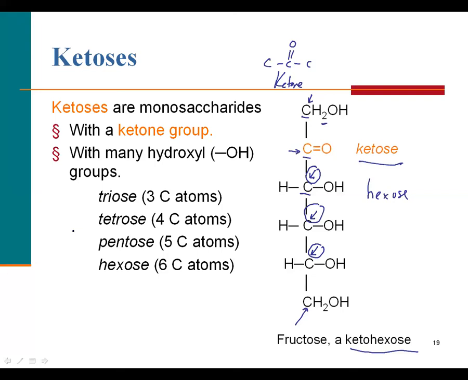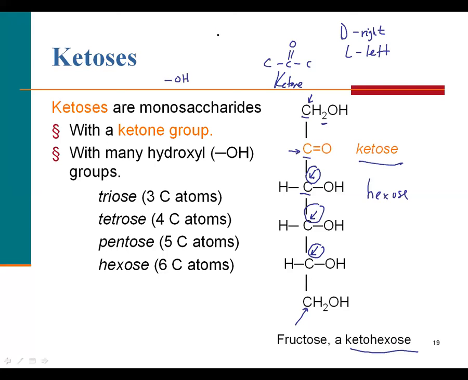So in terms of the D or L, which is what we're going to decide on this one right now, hopefully this will clarify your question there. Again, D means right, L means left, and what we're talking about is the OH group. And we're talking about a specific OH group.